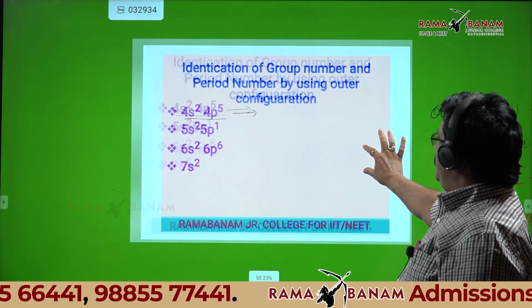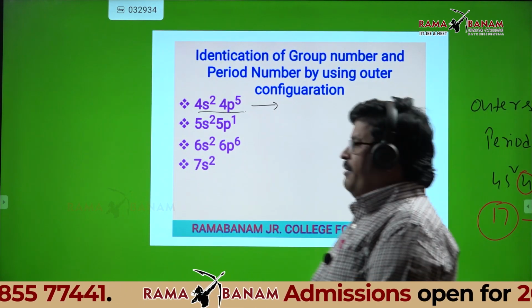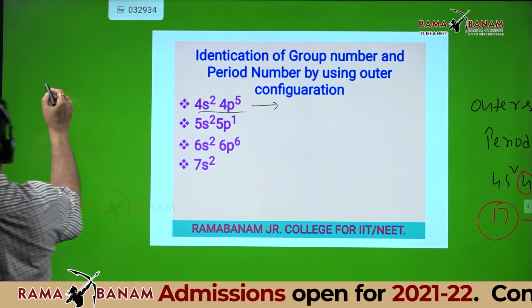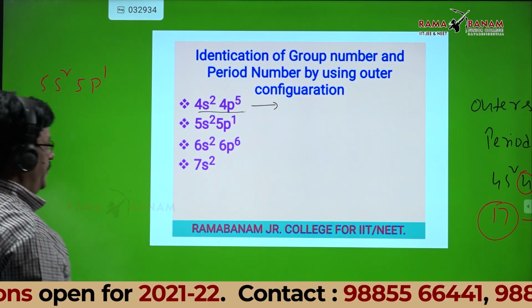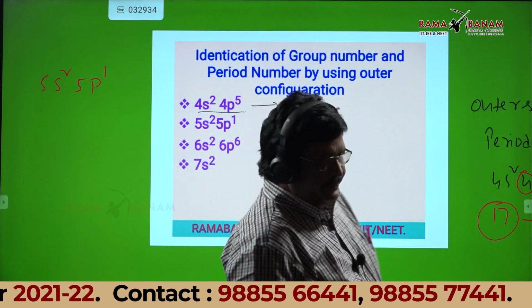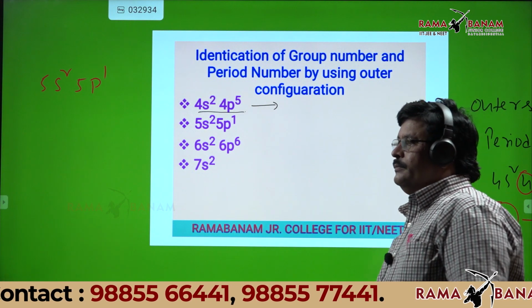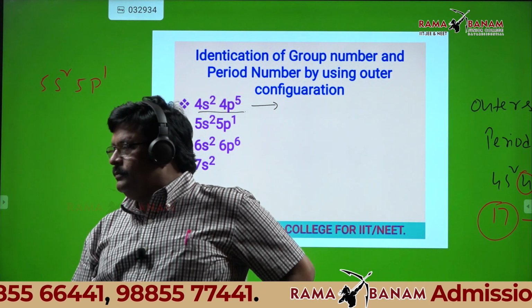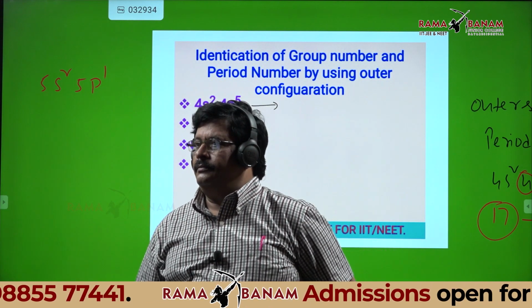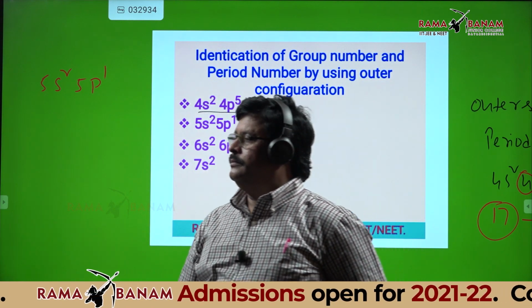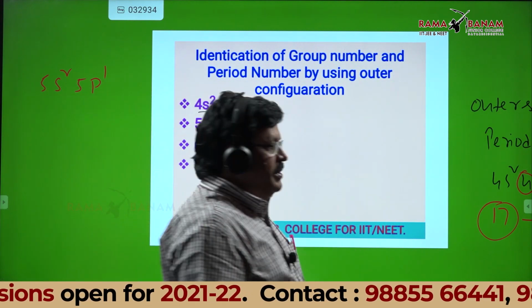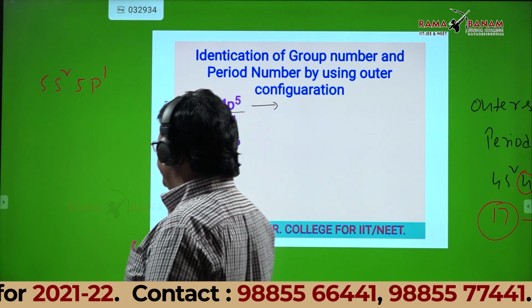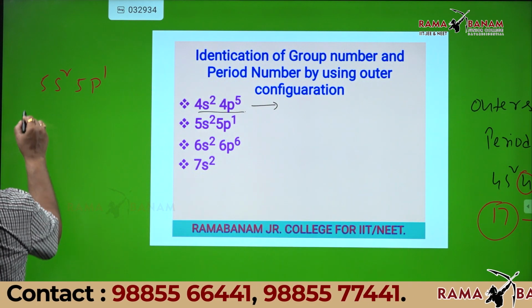The outer configuration is given as 5s2 5p1. Can anyone tell the period number? Fifth period.